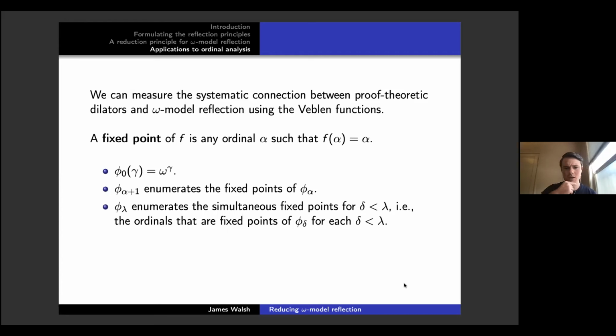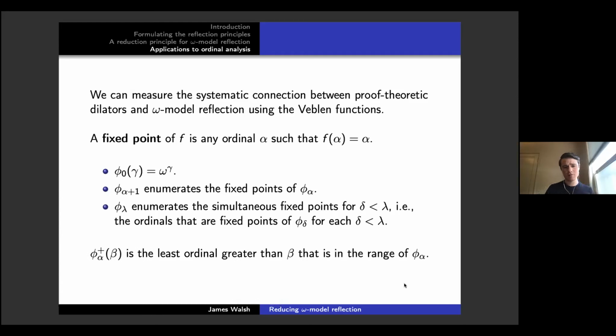So phi sub lambda will enumerate the ordinals that are fixed points of phi sub delta for every delta less than lambda. So these functions, as I said, they're used a lot in proof theory to measure the strength of theories, but that's actually not even where they arose. So these functions were isolated before even the ZFC axioms.